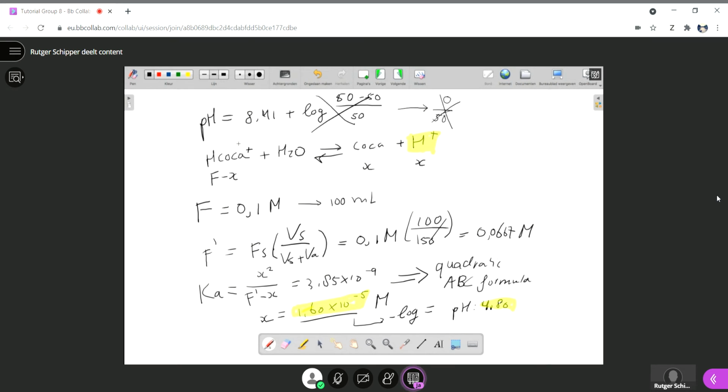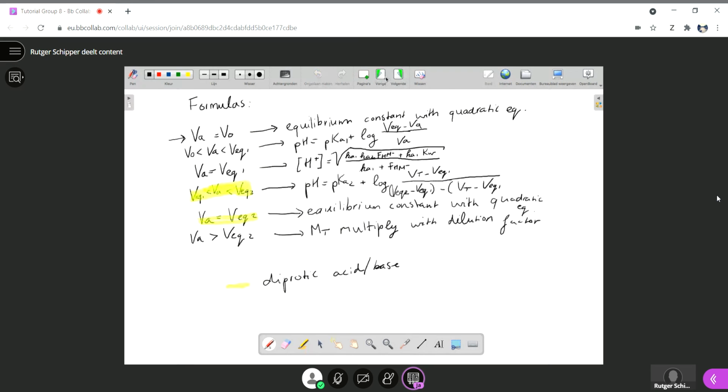So it can donate its proton back to water and form the neutral form of cocaine, and also produce some acid in the solution. And the way to calculate the pH is basically exactly the same as the volume 0, right?